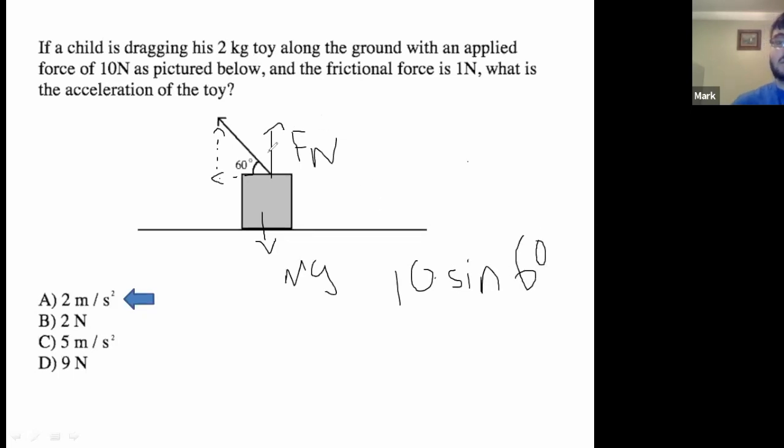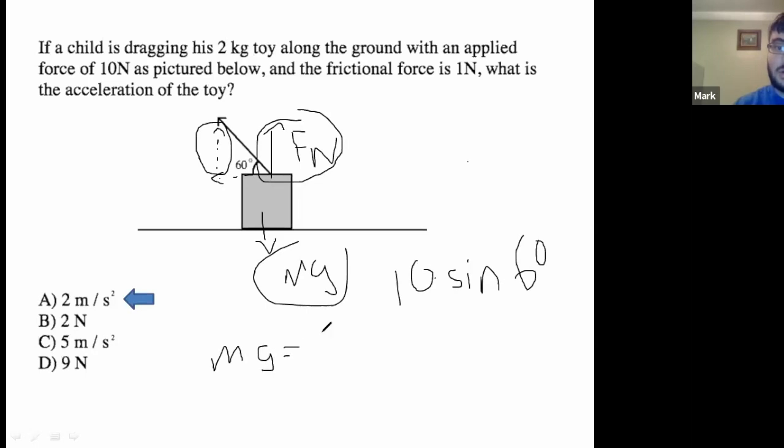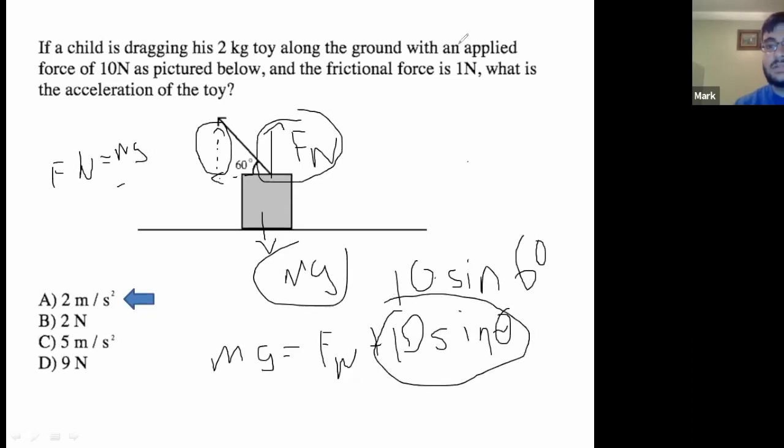Since it's not accelerating up or down, you have to add this y component and Fn together and set them equal to mg. So in this case, mg is equal to Fn plus 10 sine theta, which in this case is 60, but 10 sine theta. So Fn, if you were to isolate it, is not equal to mg. It's equal to mg minus 10 sine theta. Does that make sense?